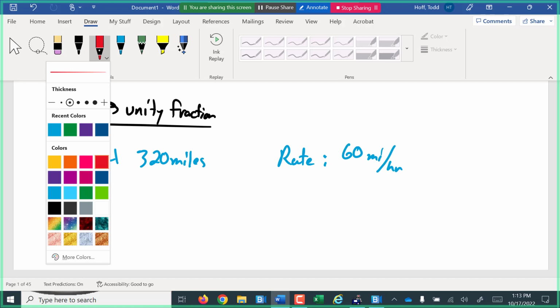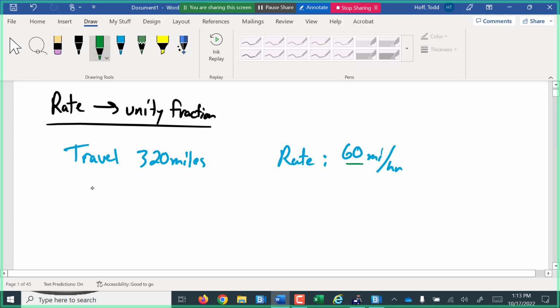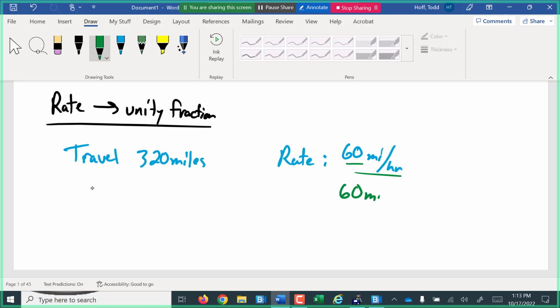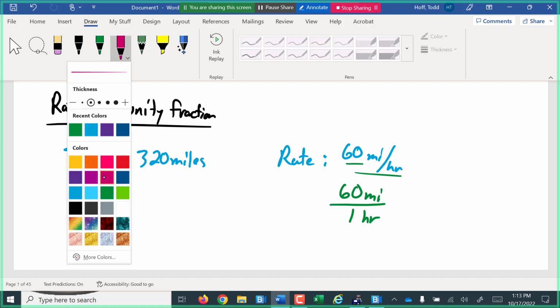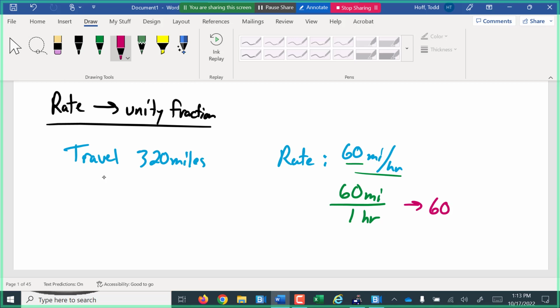Well, this rate, even though it's currently listed as what we call a unit rate, where the second number is a 1, when we look at that 60 miles per hour, we have to think of it like this: 60 miles over 1 hour. And equivalent to that would be to think of it as 60 miles of travel is equivalent to 1 hour of travel time.